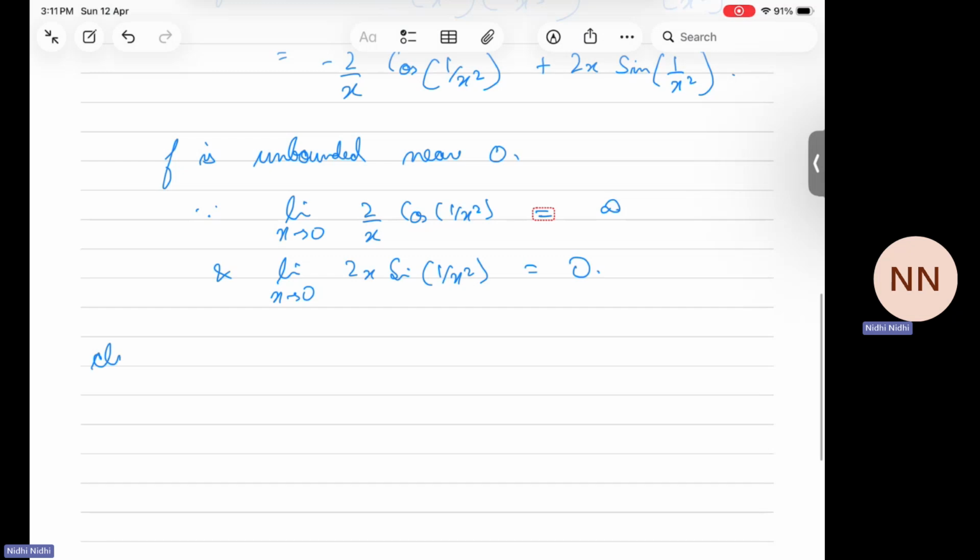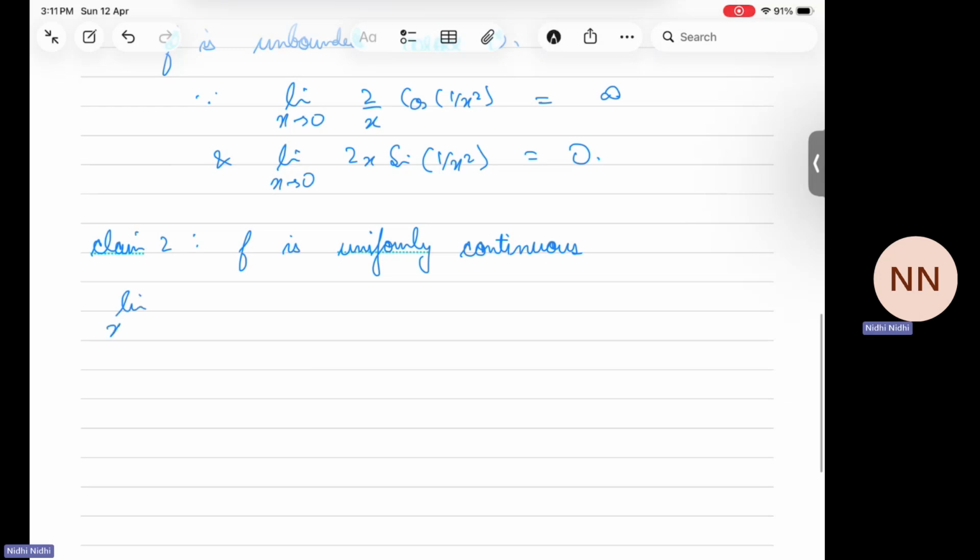Now next we claim that this f is uniformly continuous. Well, for that we will use the above result. Let's see how.